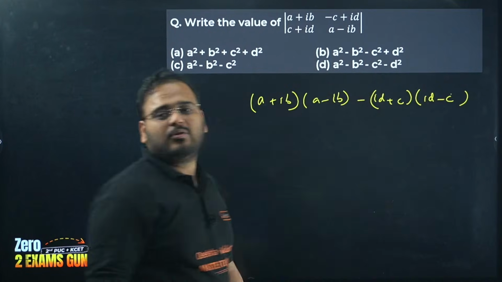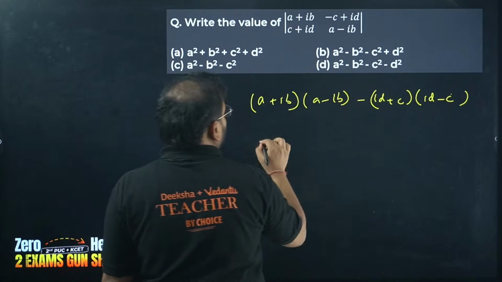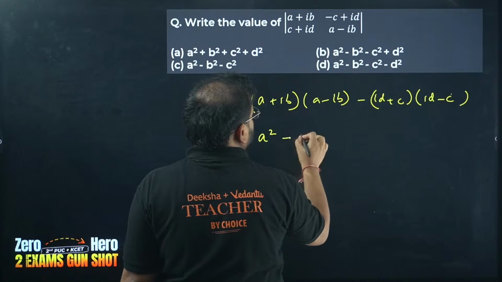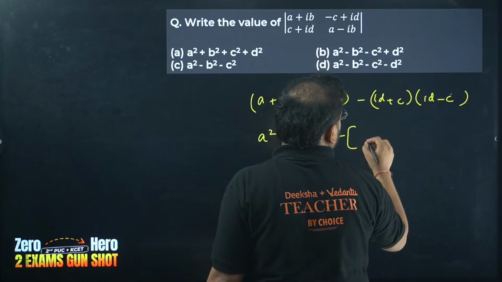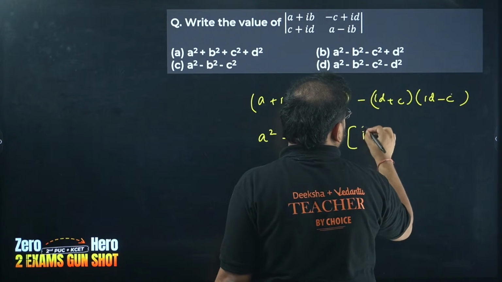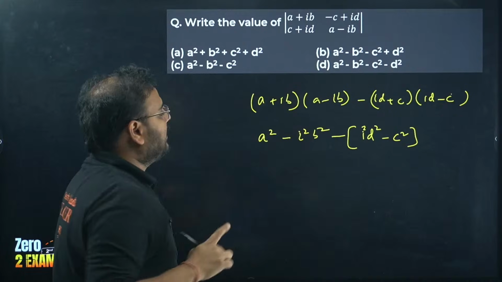So the formula holds true, x plus y and x minus y. Over here you get a square minus i square b square, and over here you'll get i square d square minus c square. Am I right? Yes.